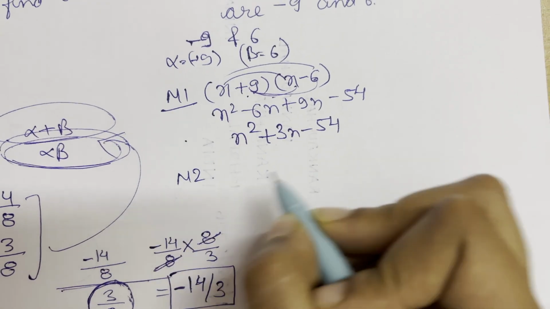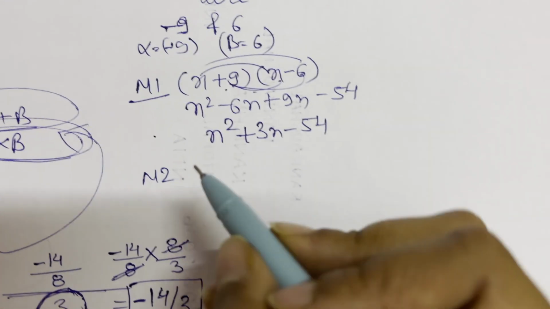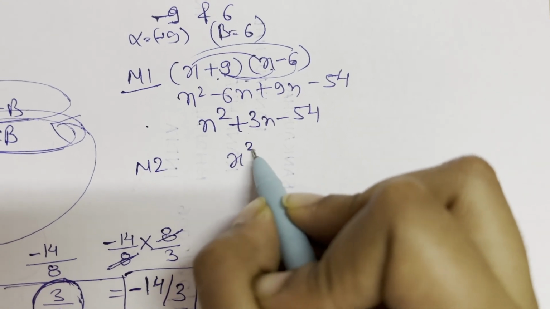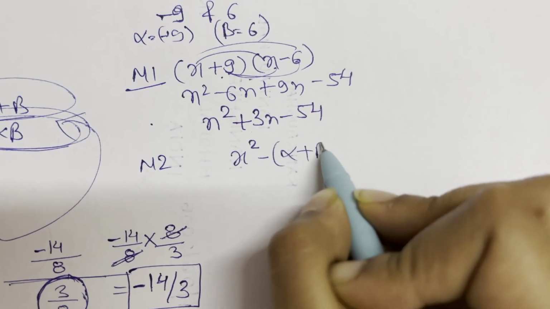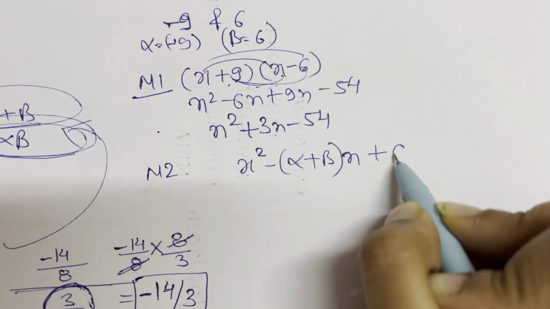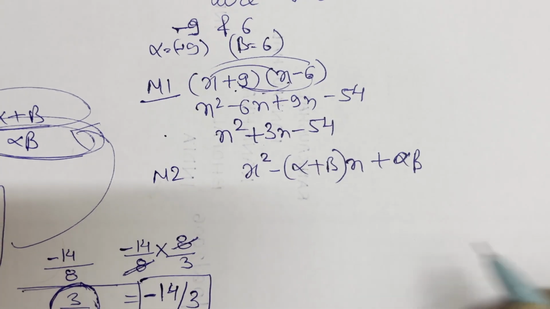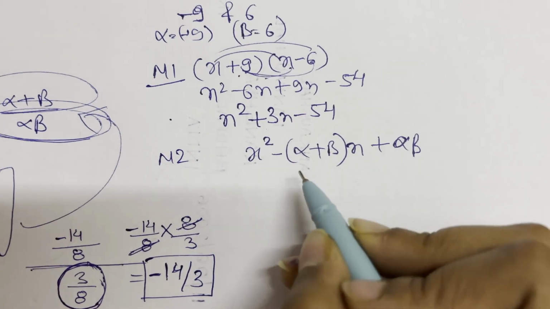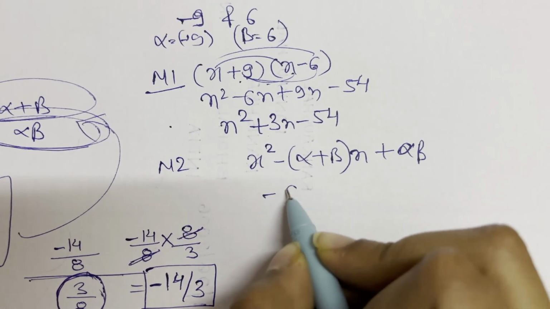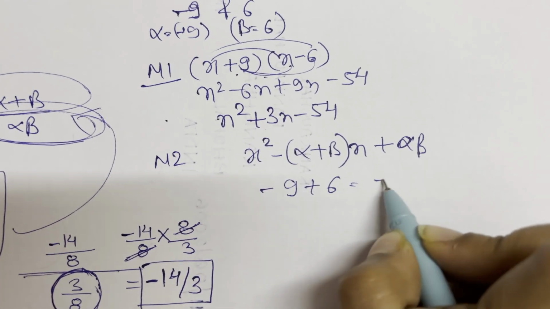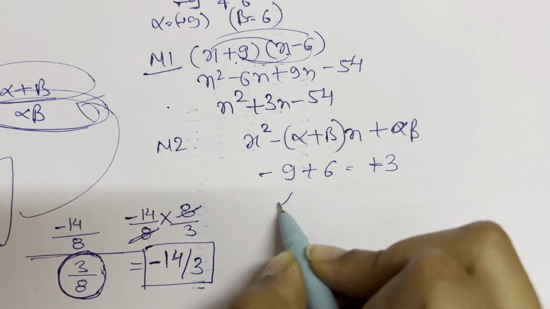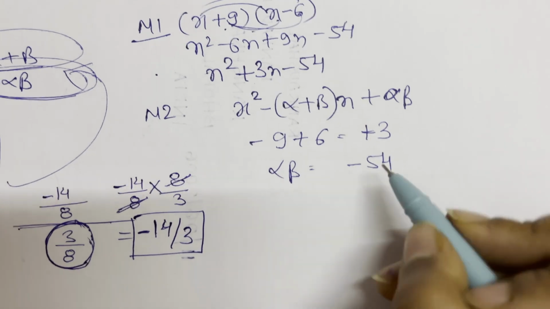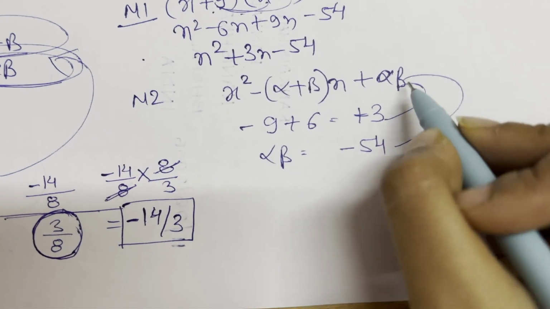Method number two is very similar to it. This method says that we can remember a formula: x square minus alpha plus beta x plus alpha beta will give us the equation. That is the direct method. So here we need to find alpha plus beta. Alpha plus beta is minus 3 and alpha beta is minus 54, and we'll put both of these values in this equation.